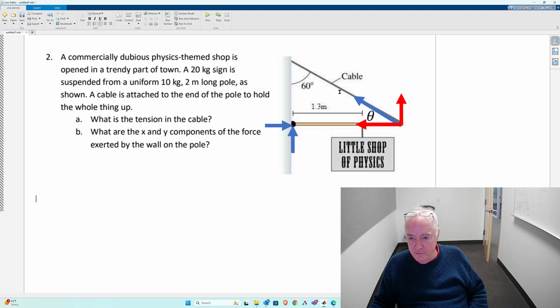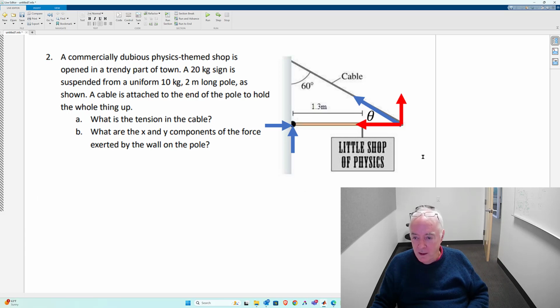These are the x and y components. I love this way of looking at vectors: the length in x is simply the projection in that direction. For a given angle, which we'll call theta, that'll be the cosine of theta times the magnitude of tension, and then the sine of theta gives the y component.